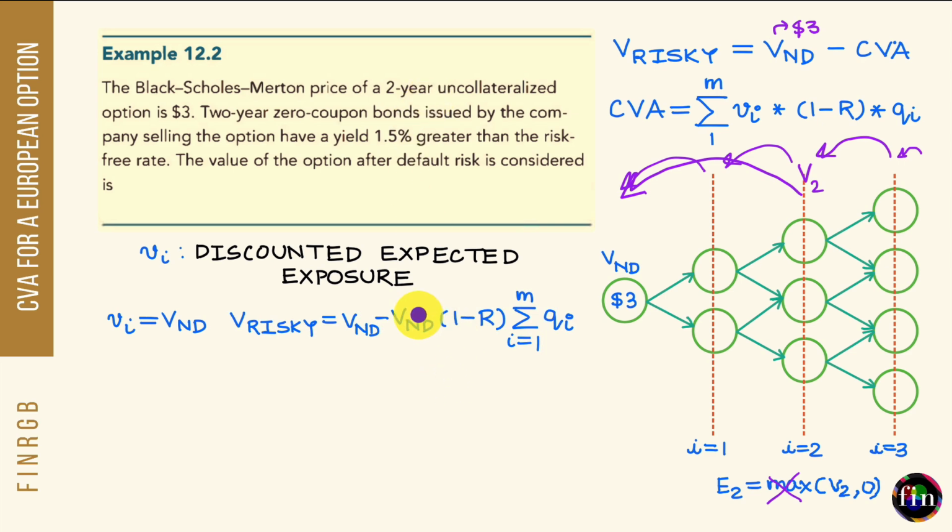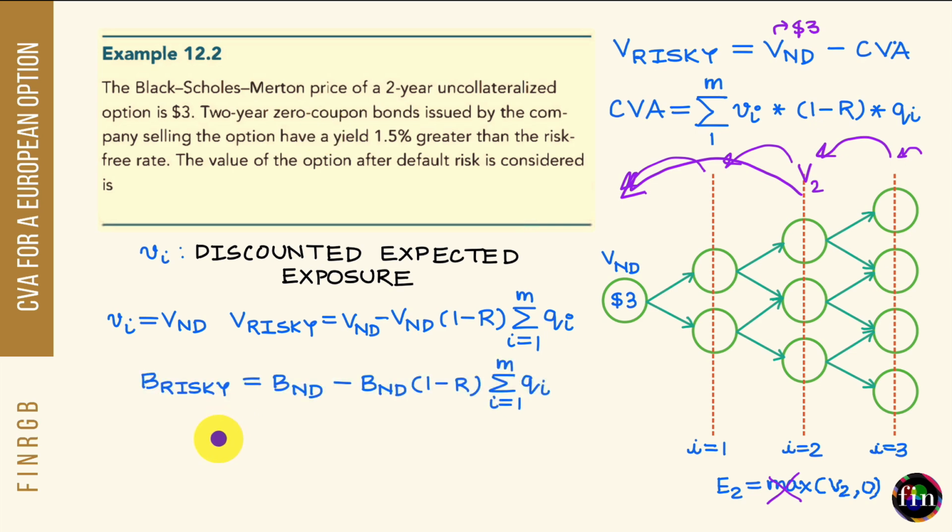Okay, next, this logic which we've just now outlined for this risky option position can be actually repeated for the zero coupon bond issued by the same company as well. And this will give us a very similar looking equation for the risky zero coupon bond as well.